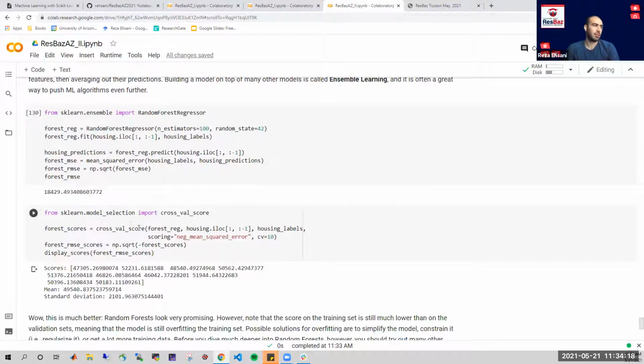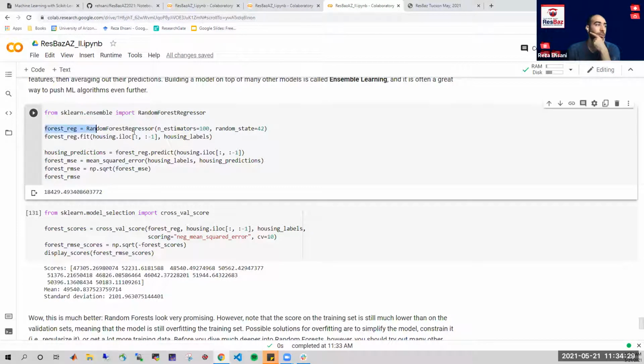So in order to use the random forest, we need to import the random forest regressor from the sklearn.ensemble module. Then we create an instance of the random forest regressor. We need to define a series of hyperparameters like the number of estimators, the criterion for fitting, and the random state, which helps us to make our experiments reproducible.